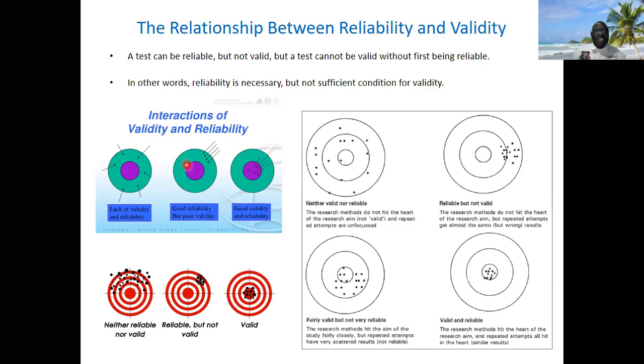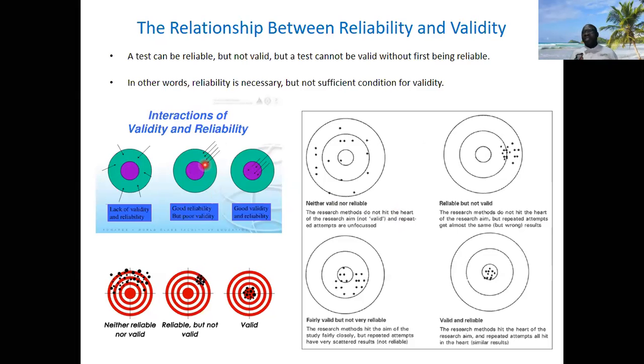What we have here is not valid but reliable, not reliable and not valid, valid and reliable. But you probably see the fourth one, not reliable but valid.